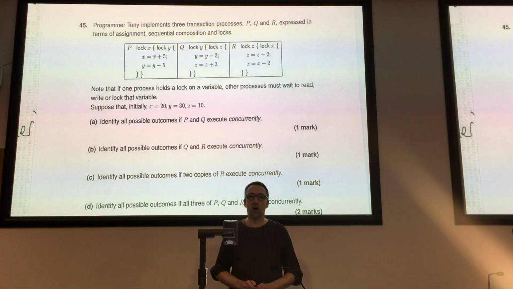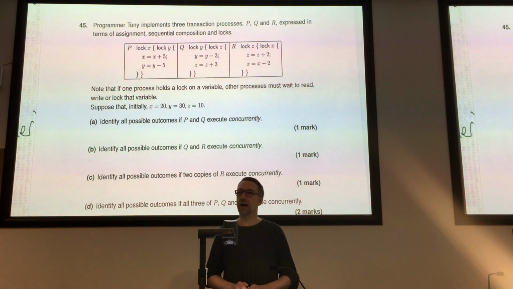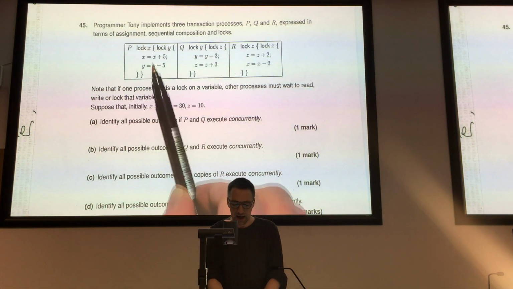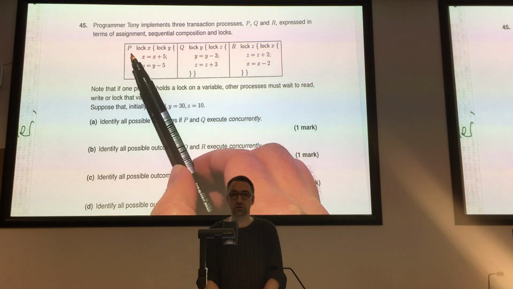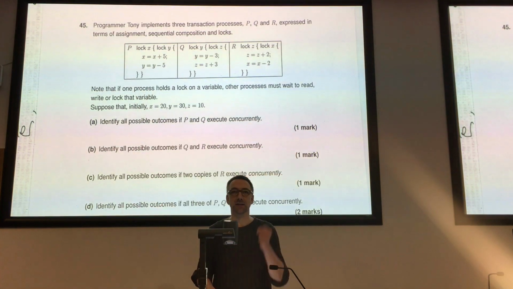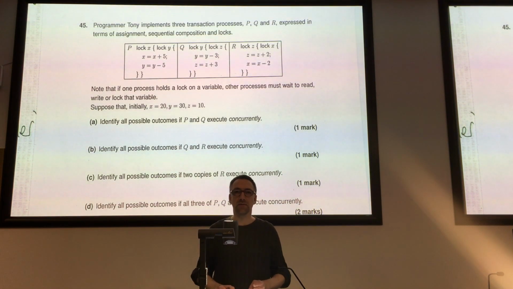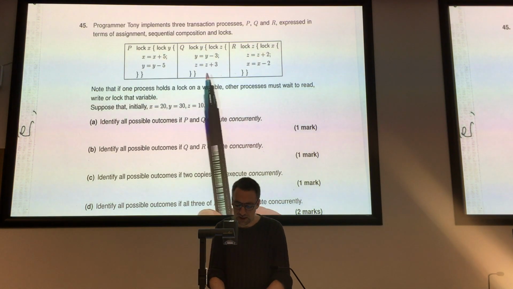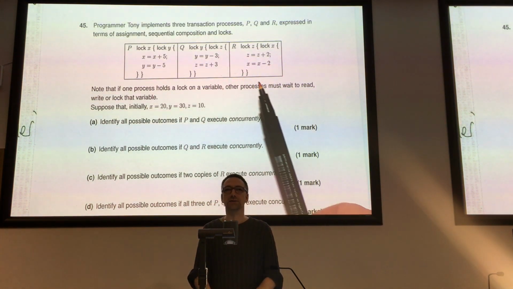Because its locks make sure that nobody else is going to interrupt the process of modifying, in this case, x and y, while it's going on. So you can treat transaction P as a single move that transfers 5 from y to x. And similarly, you can see that Q and R are both atomic.